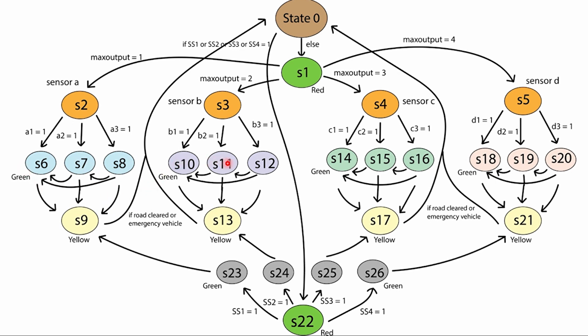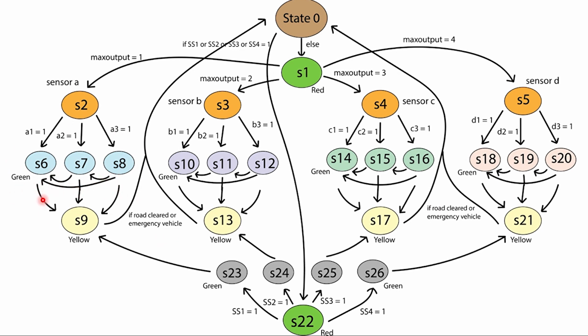Similarly, S10, S11, S12, S14, S15, S16 and S18, S19, S20 does the same job for road B, road C and road D respectively. Similar logics apply for these states like the ones for road A. The reason for three different states for a single road is to realize the traffic density on each road.